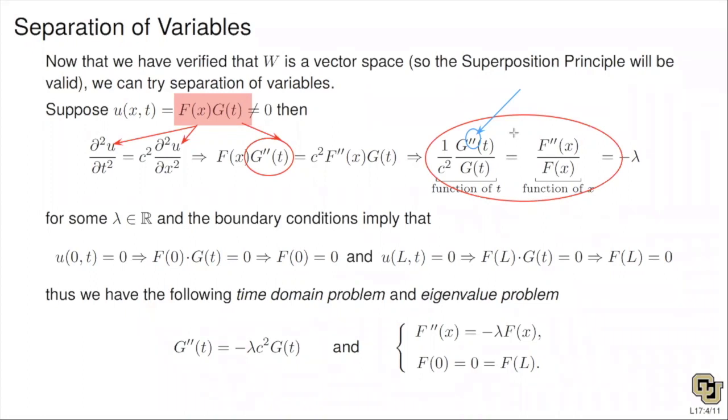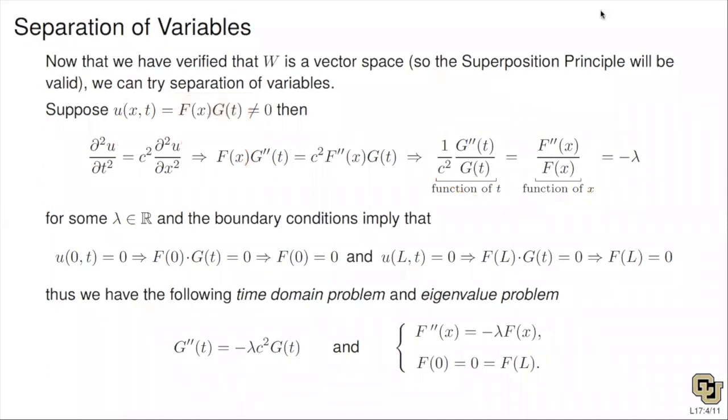You can mathematically show it, or you can argue that on one side you have a function of t, on the other side you have a function of x. And so the only way this is possible is if they're both equal to a constant. And we call that constant negative lambda, just because it'll fit our intuition later.